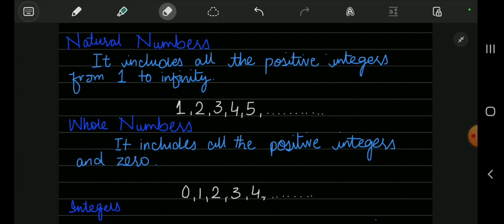Referring to integers, in their definition it means that these numbers do not involve any fractional part or decimal part. They are whole complete numbers. The natural numbers start from 1 up to infinity, and whole numbers start from 0 up to infinity.